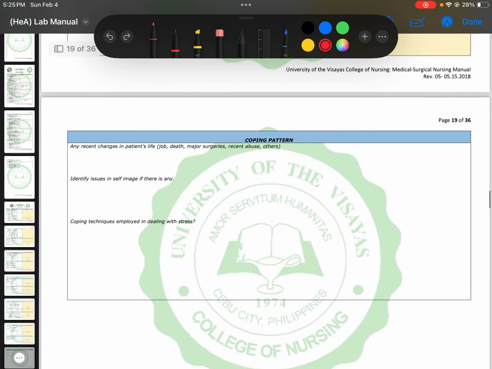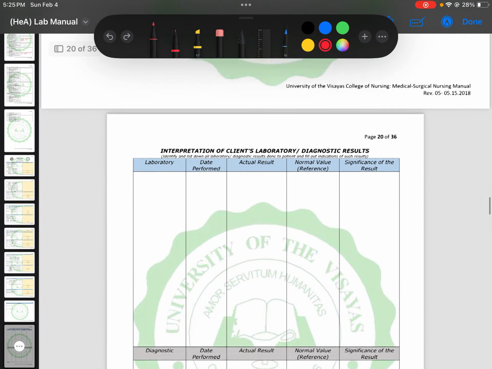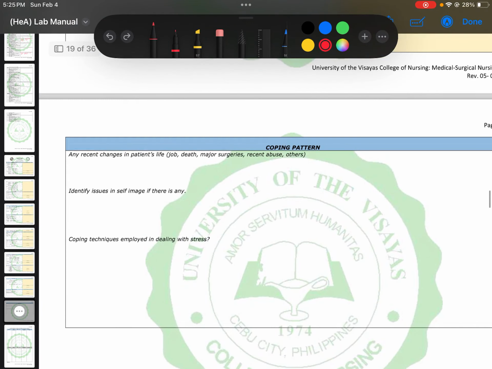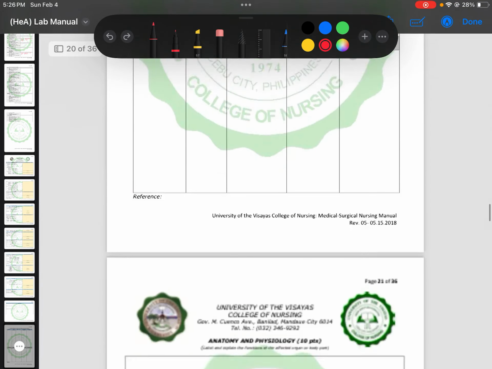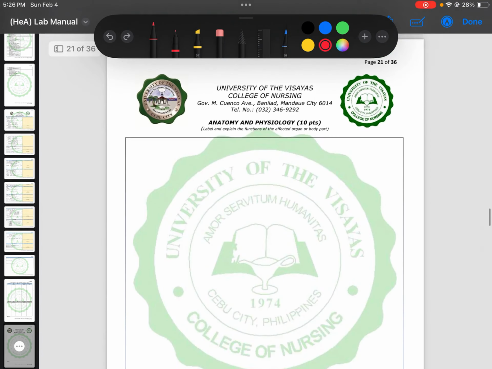So yes, and lastly, for our assessment, class, is our coping patterns. The last questions are the self concept and self care. Okay, self concept and self care. So that is it.